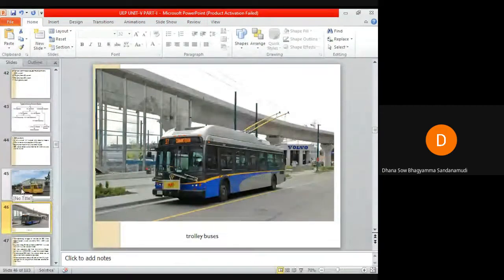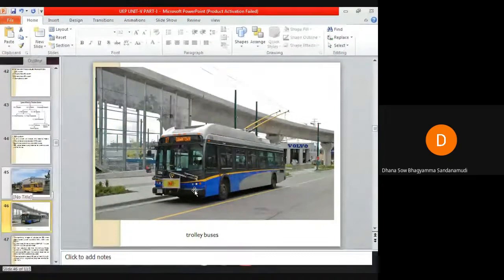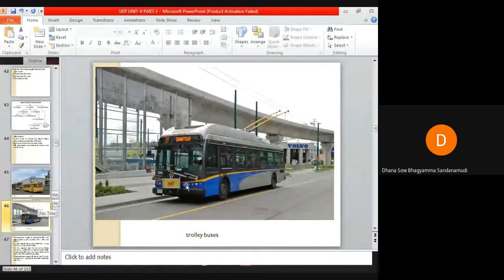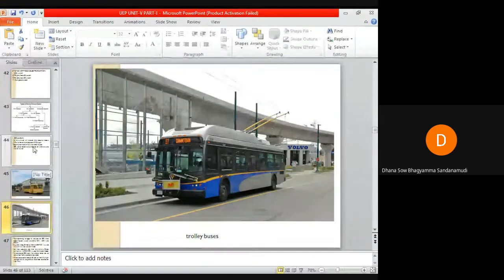So if a DC compound motor is available and we want regenerative braking, instead of using DC series motors, we can use DC compound motors.